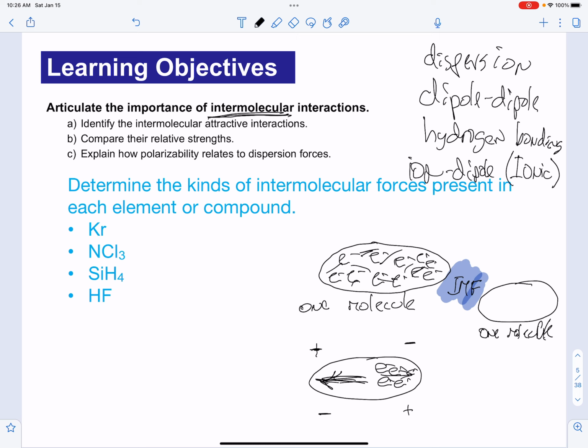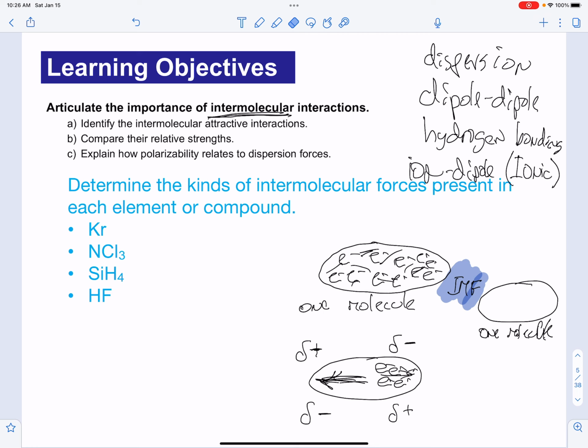The best thing we can do is say that it is partially negative and partially positive. It's not totally negative, that would have to be permanent. Nor totally positive, but partially negative, partially positive, depending on where the electrons are at that time.